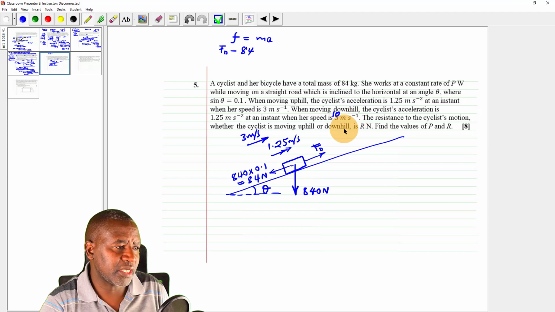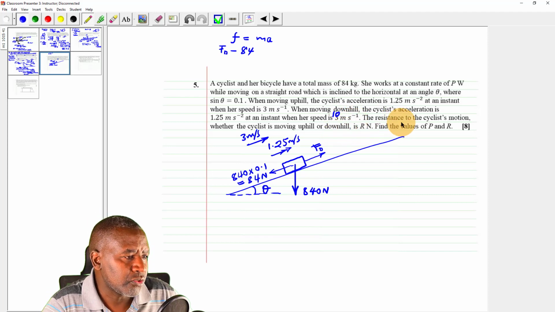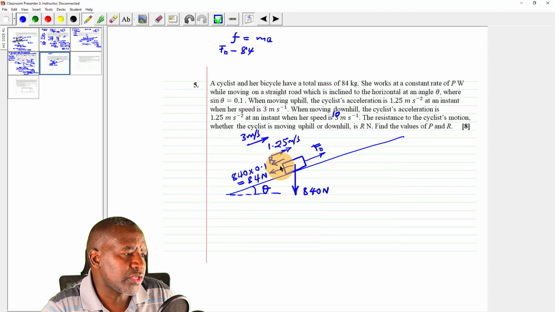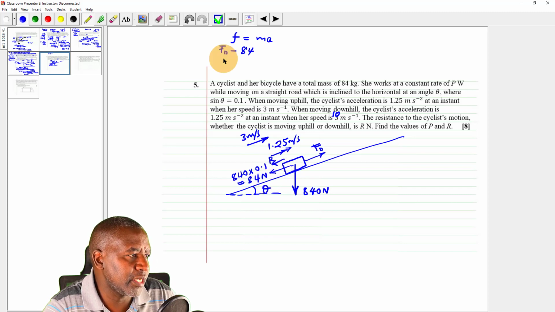10 meters per second. So the resistance to the cyclist's motion is definitely this resistance R. There are two forces opposing her motion, that is R and 84.